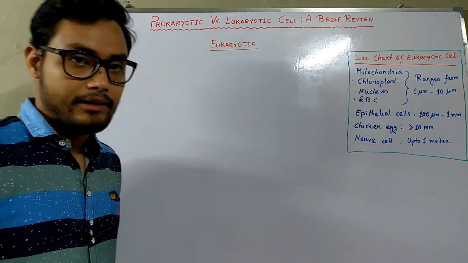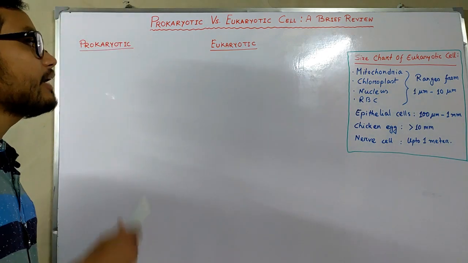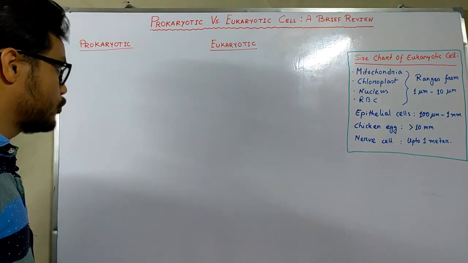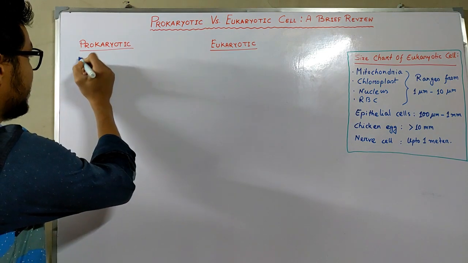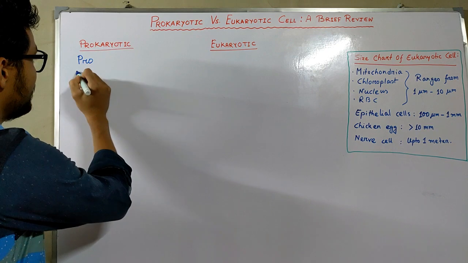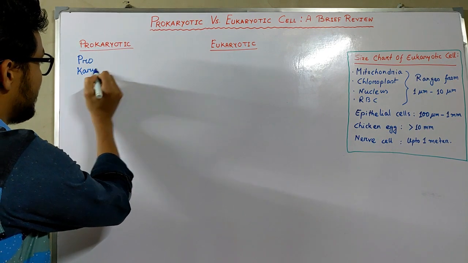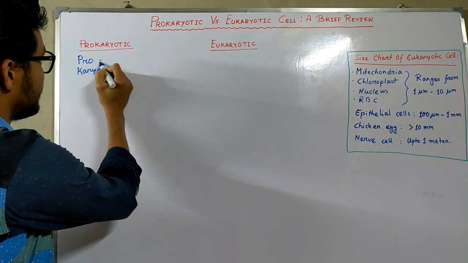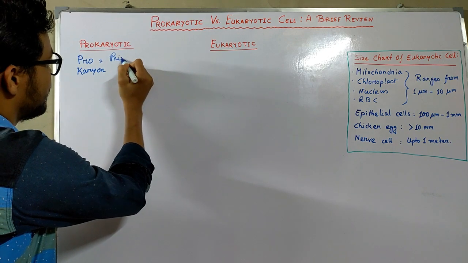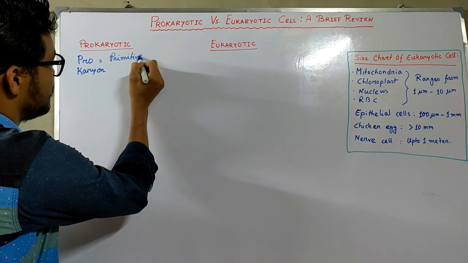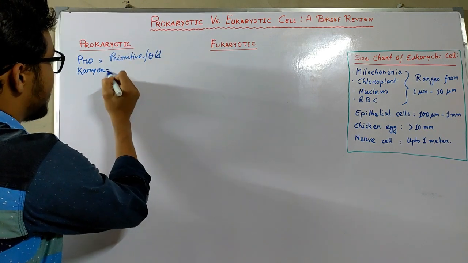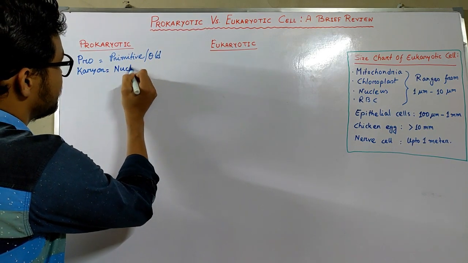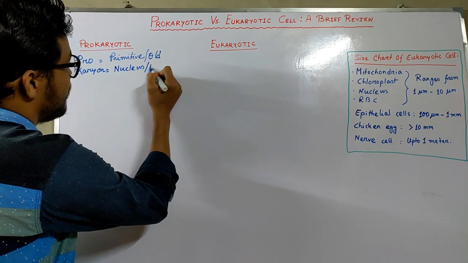So, prokaryotic cell. Prokaryotic and eukaryotic, both terms came from Greek words. Pro means primitive or old, and karyon means nucleus or kernel.